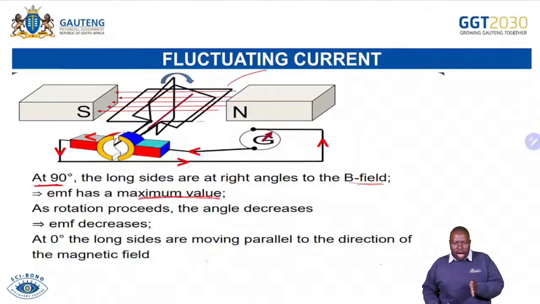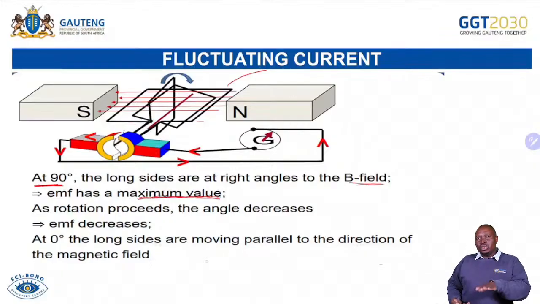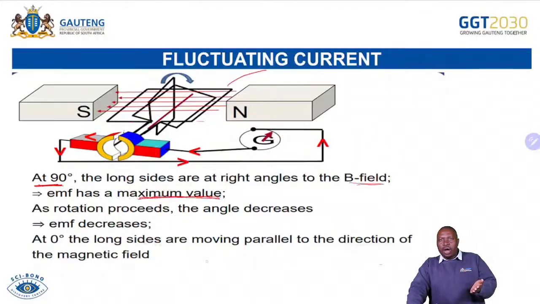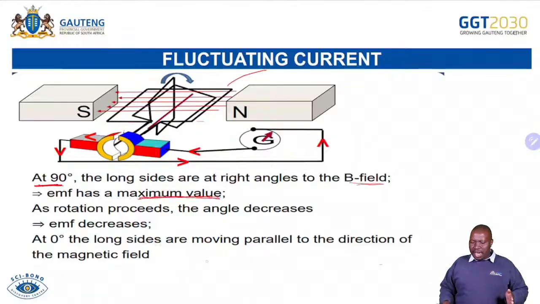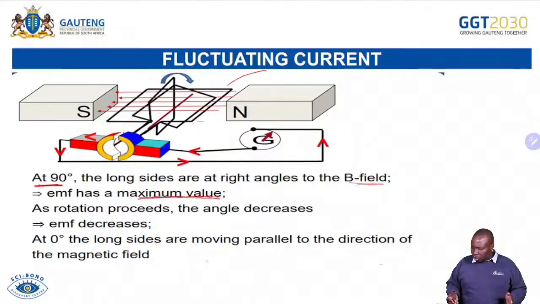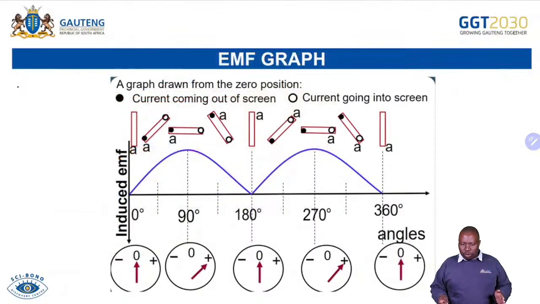So it's always important to appreciate the direction. When it's like that, you have a maximum EMF induced, but immediately when our armature coil starts to rotate, the EMF is decreasing, and then in that direction the induced EMF becomes 0. So it's important that you have that in your mind.